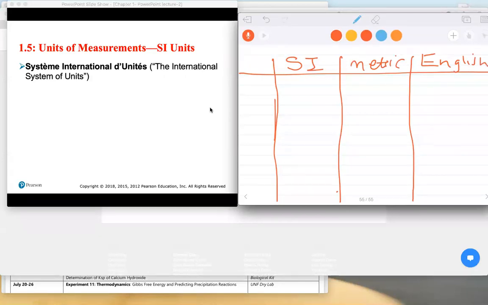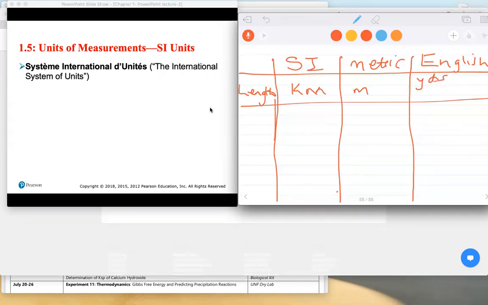There are three systems, and I'm going to show you using some physical quantities. If you are measuring length, so that you know the difference, we use kilometer. We use meter, abbreviated as m, and you will see several units, for example, yards, all right?